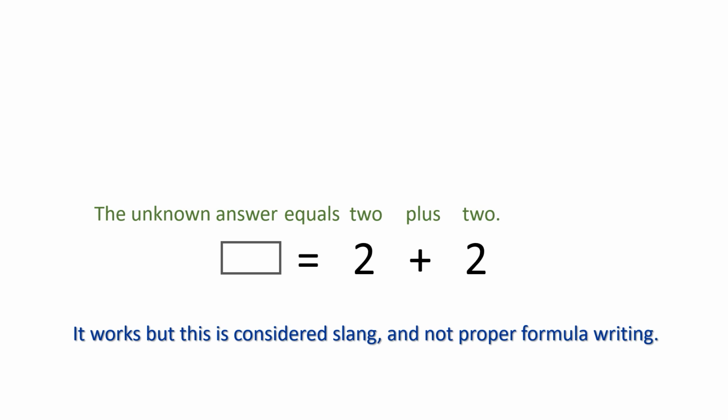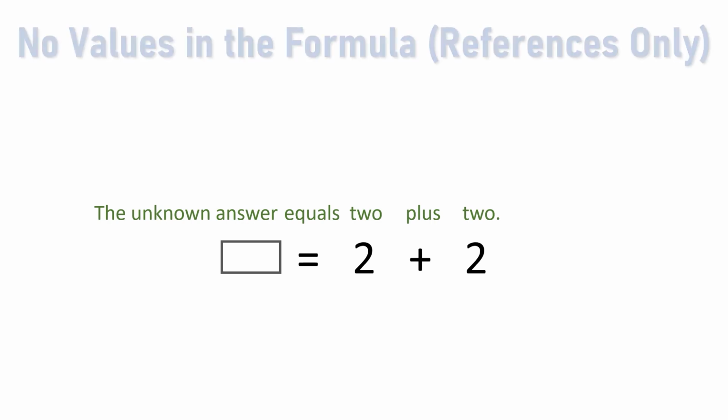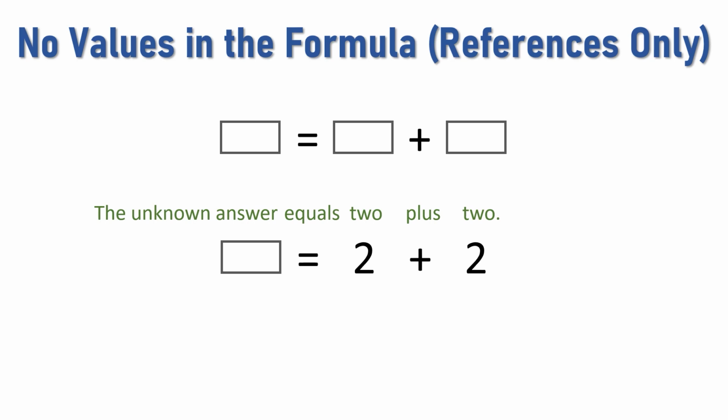Okay? So the next thing about Excel is that Excel does not want you to put the values in the formula. Now remember, the values are the actual data that we're working with, right? So in our case, we're working with the 2 and the 2. So Excel says, I do not want you to put the 2's in the formula.